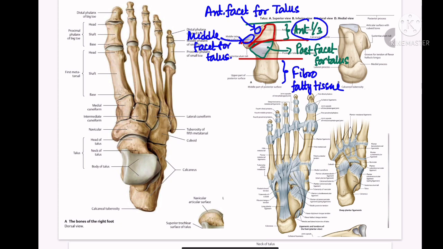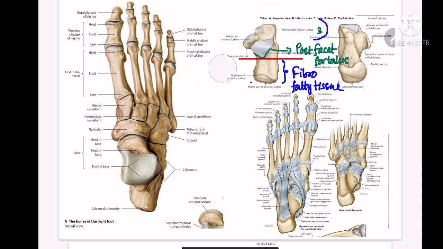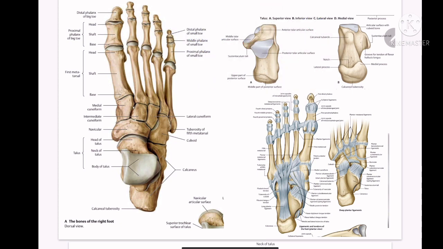So we can clear the diagram and focus on the non-articular part of the anterior 1/3 without any facet.